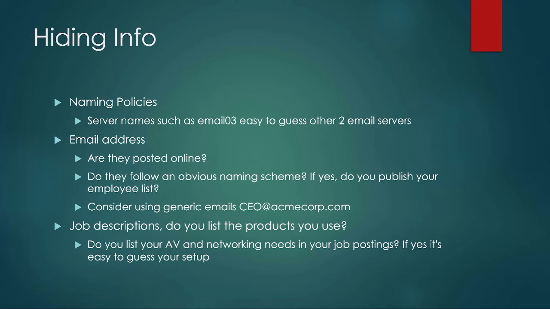When we look at our email addresses, we can see, are the email addresses for the company being posted online? Are they following an obvious naming scheme? So let's say, for example, you have an employee, Jane Doe. It's really common for companies to have things like JaneDoe@company.com, JDoe@company.com, Jane.Doe@company.com.